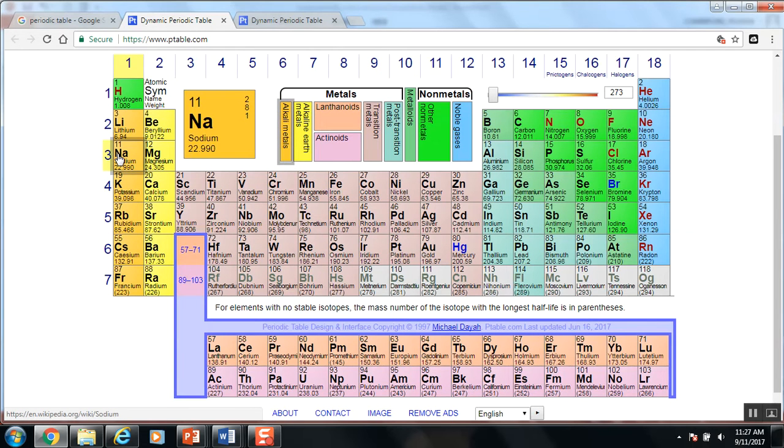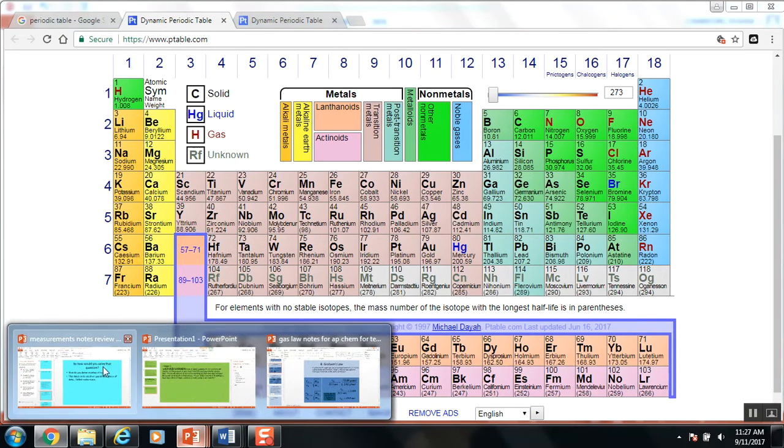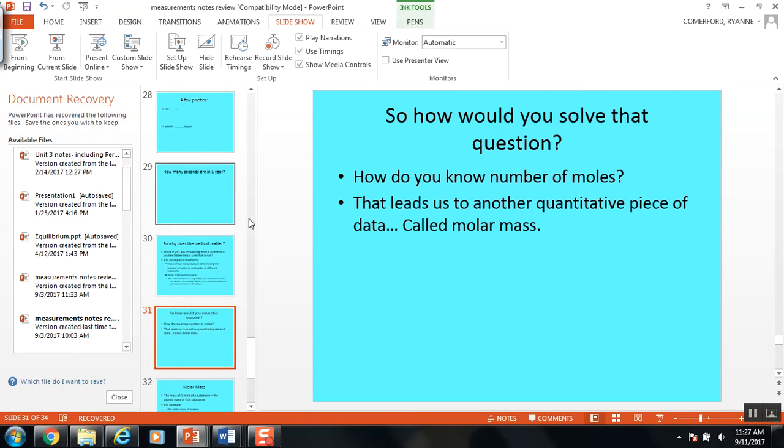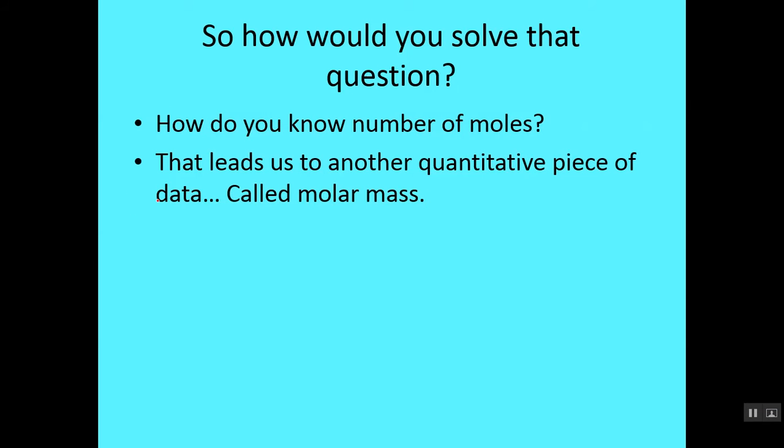As you look at sodium and see that it says its mass is 22.99 grams, that is known as the molar mass of sodium.